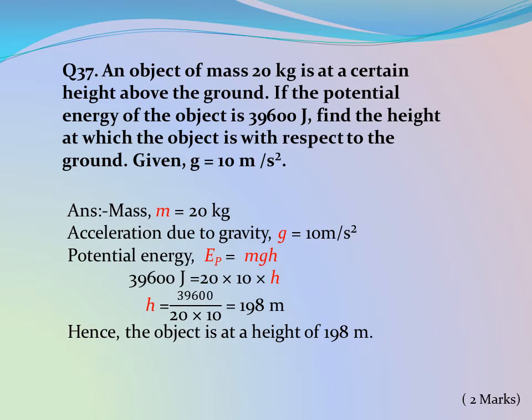Acceleration due to gravity g equals 10 meter per second squared. Potential energy EP equals m into g into h. 39,600 joule equals 20 into 10 into h. So h equals 39,600 divided by 20 into 10 equals 198 meter. Hence, the object is at a height of 198 meter.